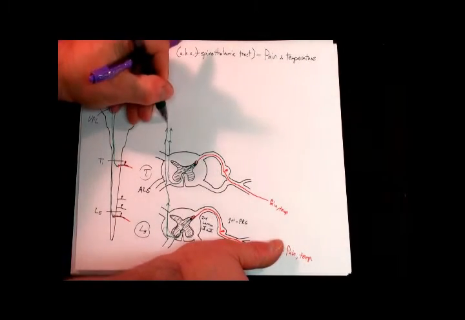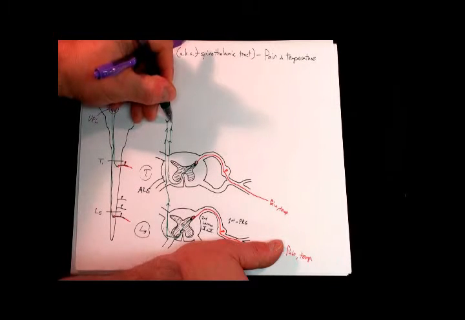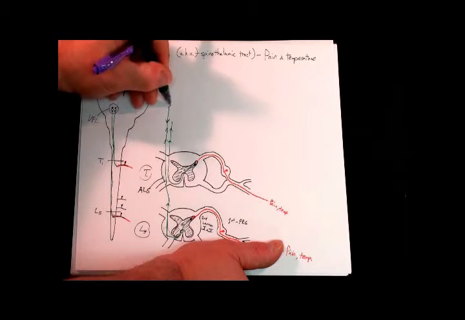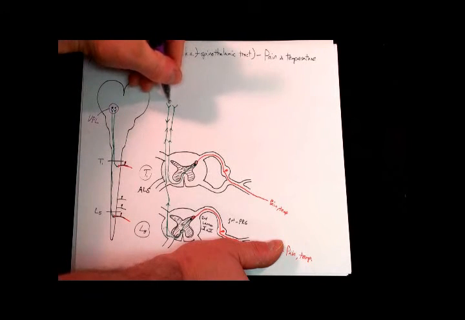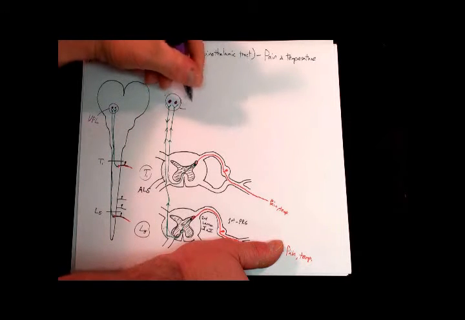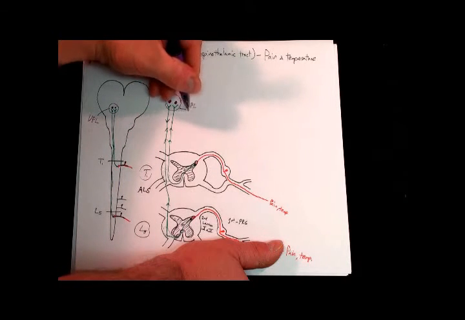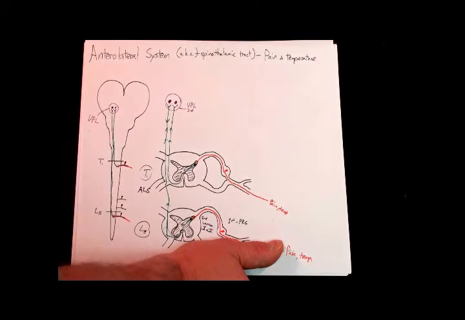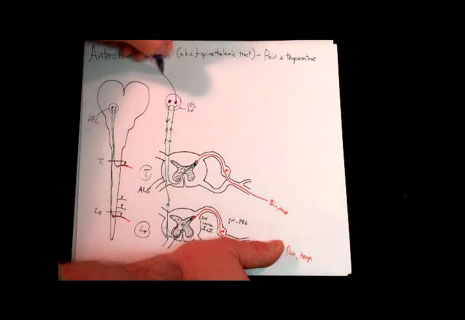So let's draw that in here. So these guys come in. We're going to go a little higher up. They're going to head up, synapse with third order cell bodies in the VPL, and at that point they're going to head off to the appropriate area of cortex.